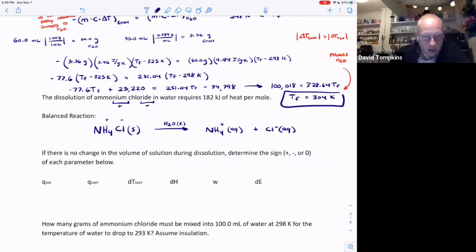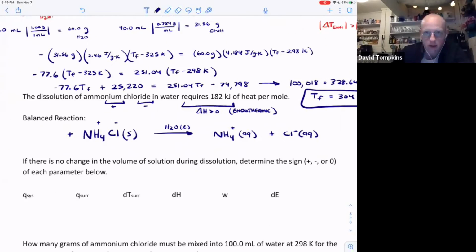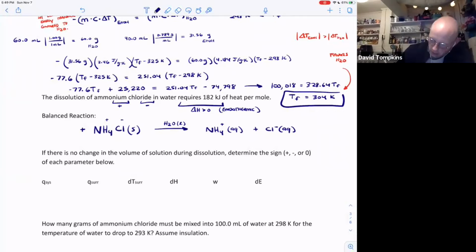But this requires some energy input. It requires 182 kilojoules per mole, so the reaction is endothermic. It won't occur unless you heat it up. And that's, of course, balanced already.